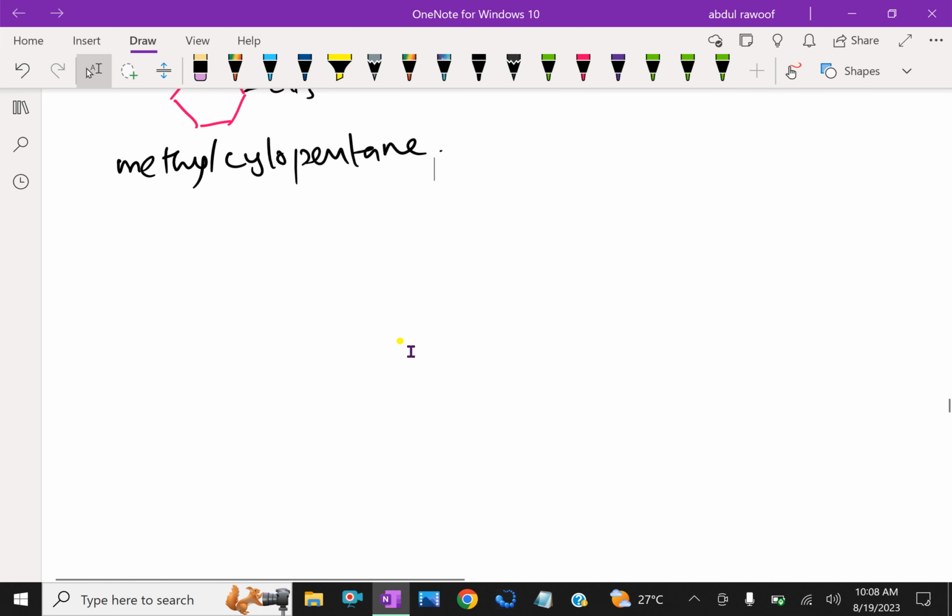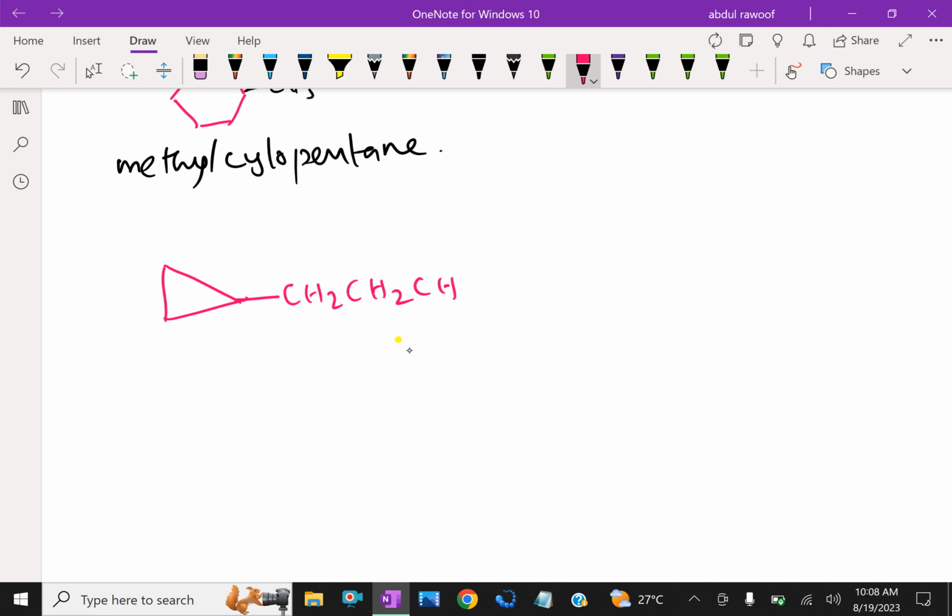Next one, look at here. Suppose this one is CH2, CH2, CH2, CH3. Here we have 3 carbons in the ring, here 4 carbons in the chain.